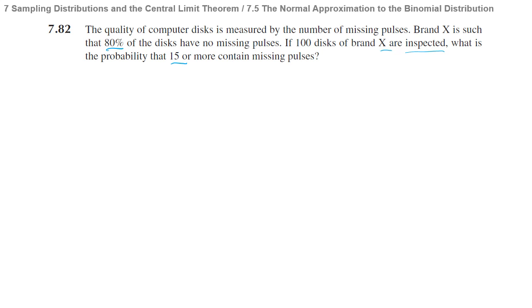So the probability of no missing pulses is 80%. So Y follows a binomial distribution with n equals 100, and p is the probability of missing pulses. Then 80% of no missing pulses implies that the probability of missing pulses is 0.2.